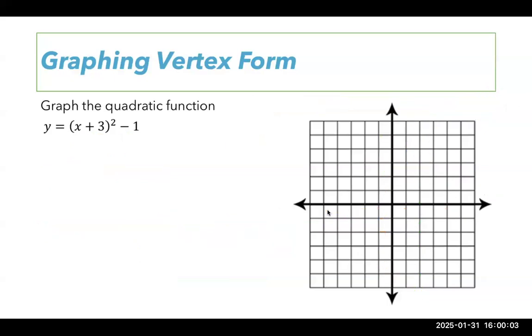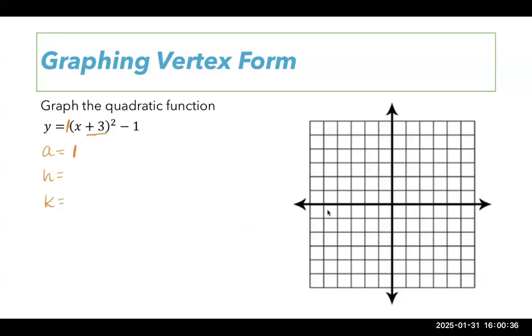Now, just to reinforce this idea of using the structure of the vertex form properly, if we are looking at this equation, y equals x plus 3 quantity squared minus 1, and we're trying to identify our a, h, and k values, our a value is going to be a 1, because remember, if there isn't anything out in front of the parentheses, we're really just multiplying by a 1.